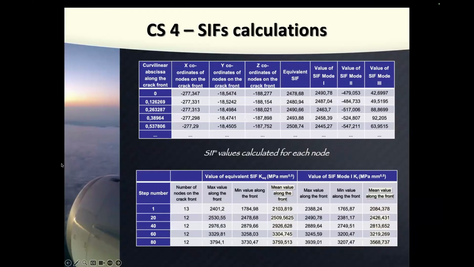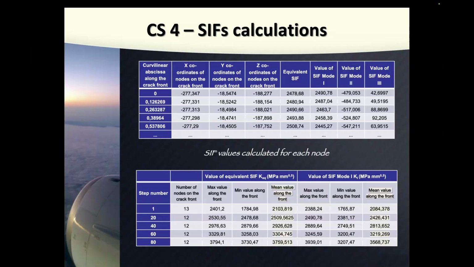For example, you just get numbers like this: 0, -277, -18, -118, 2478, 249179. So this is the output. First you need to read that output, and later process the data to get some values. The first number here is the curvilinear abscissa along the crack front.